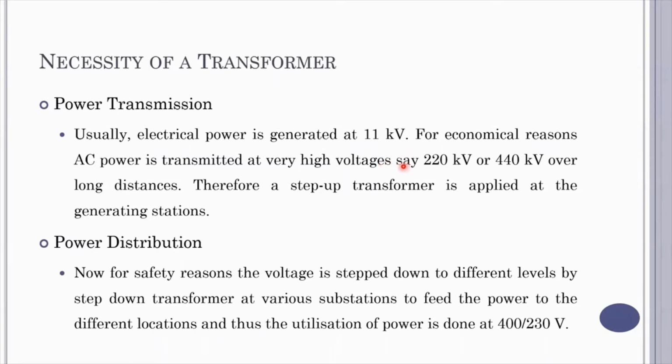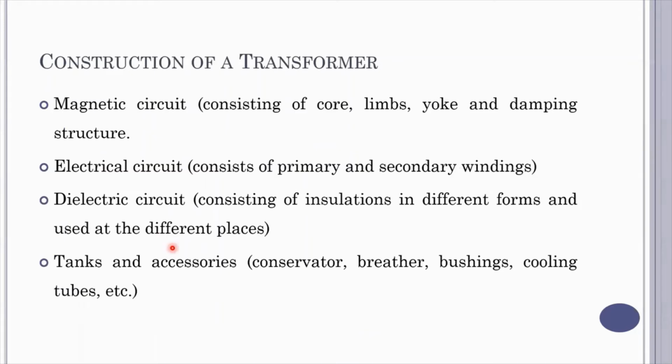In order to reduce the loss, we go for high voltage transmission. So voltage is stepped up at the transmission end using step up transformers, and at the power distribution end, we will be using voltages at the rating of 230 volts single phase. So here we are supposed to step down the voltage, and the same transformers are used to step down the voltage at the distribution end.